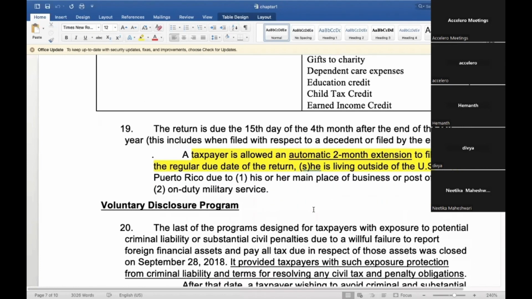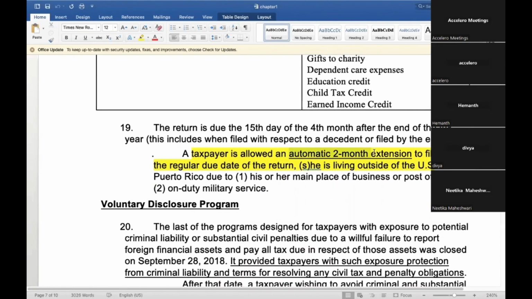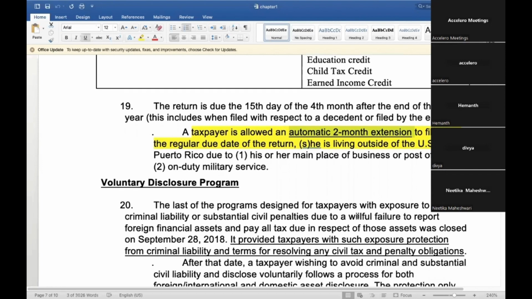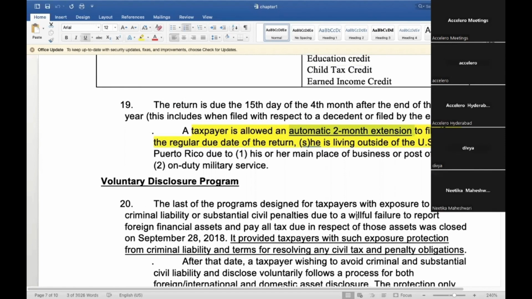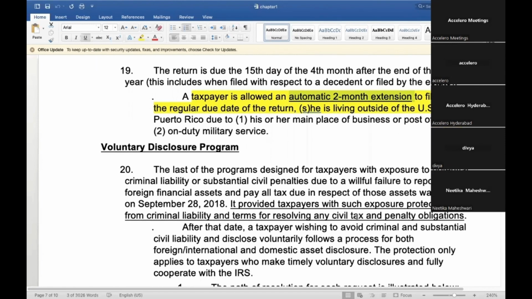Again, there is an automatic 2-month extension for US citizens or green card holders who are staying outside the US. The IRS gives an extra 2 months to file their returns. Otherwise, the due date is, can anyone tell me what the due date is? 15th April. 15th April, good.